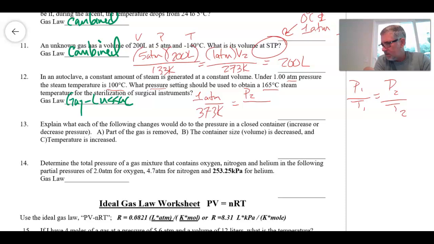P2, and then T2 would be 438 Kelvin. All right, so when I do that, I get 100 ATM.